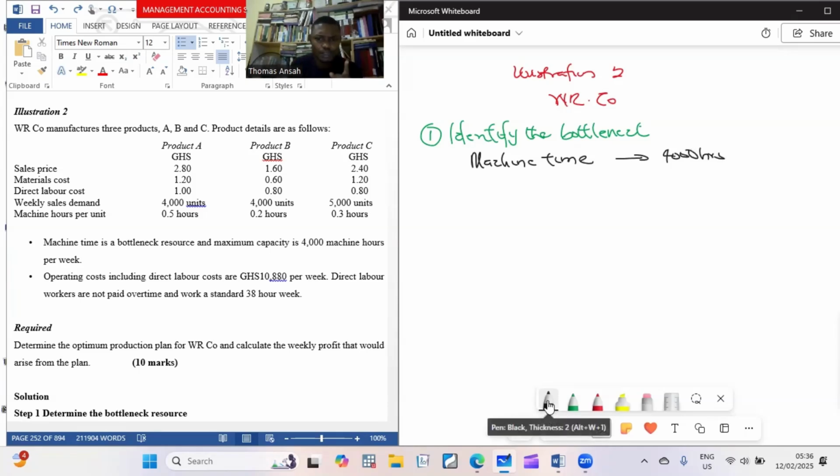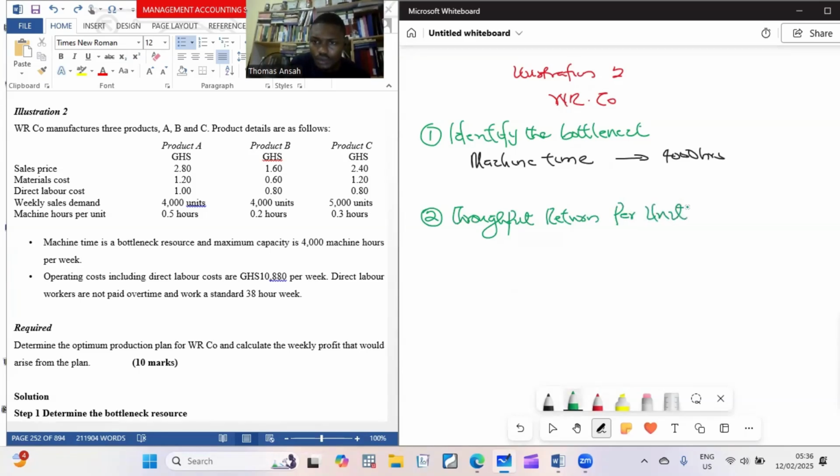Do you remember step 2? Calculate throughput return per unit. So how do we do that?